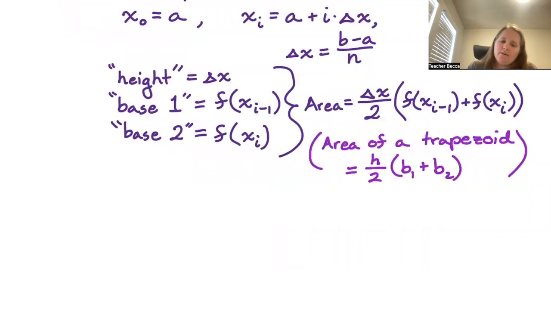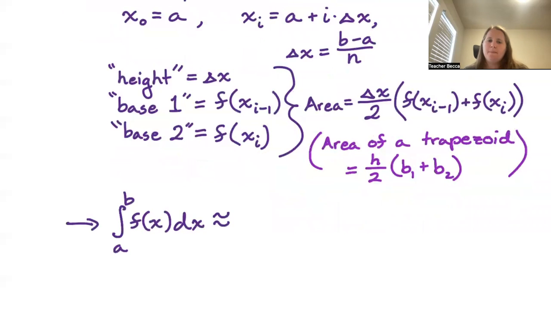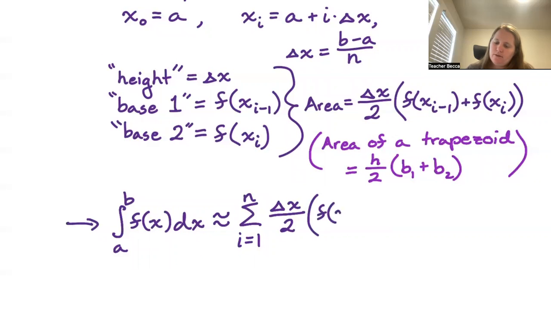So what we get here then is that our definite integral from a to b of f of x dx is approximately the sum from I equals 1 to n of delta x over 2 times f of xi minus 1 plus f of xi.